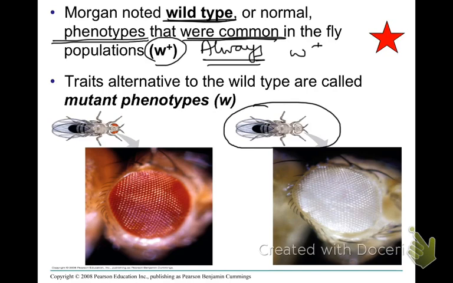The traits alternative to this wild type, meaning something that differed from the usual, are called a mutant phenotype. You can just call it W, or you can call it W minus, so that you remember that the minus indicates that it is a mutant.